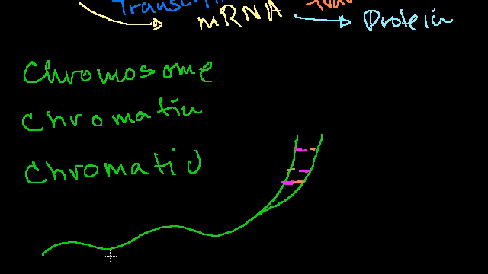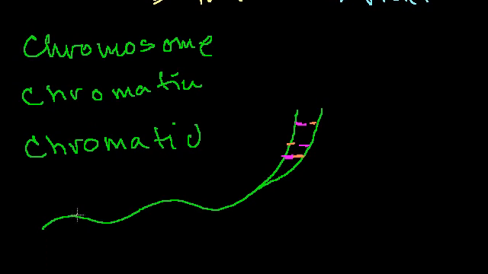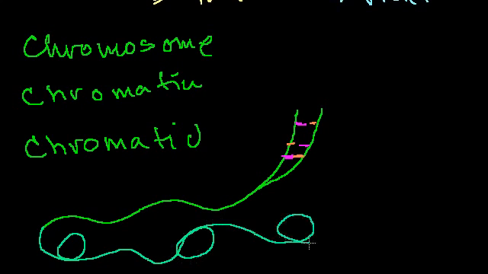So I want to be clear: when I draw this little green line here, it's actually a double helix. Now, that double helix gets wrapped around proteins that are called histones. So let's say it gets wrapped like there, and then it gets wrapped around like that, and around like that. And you have here these things called histones, which are these proteins.